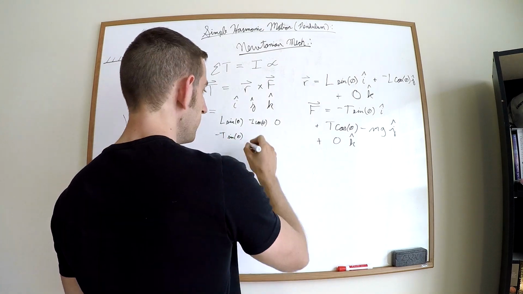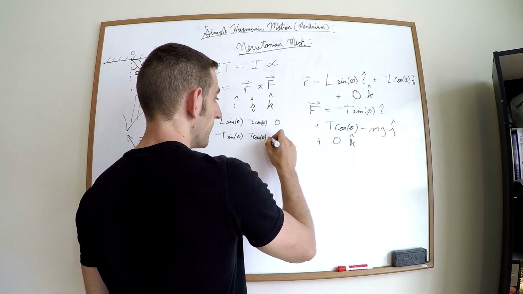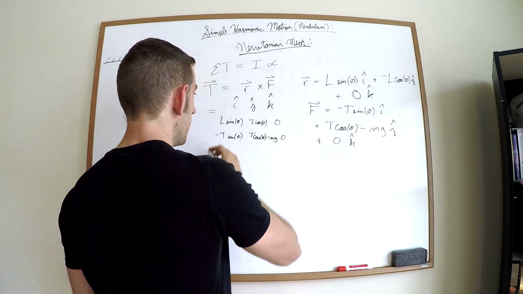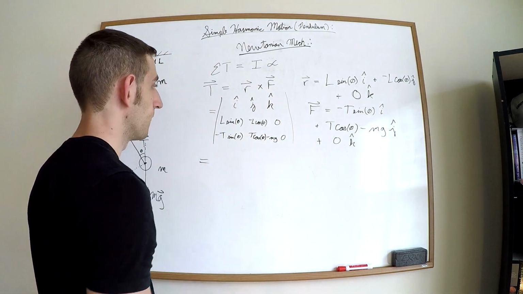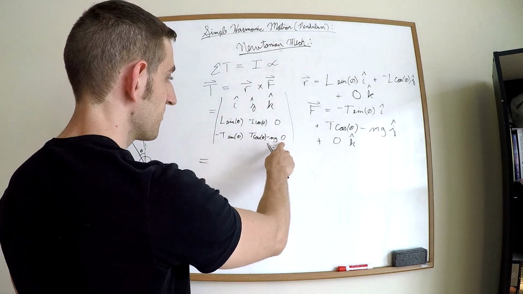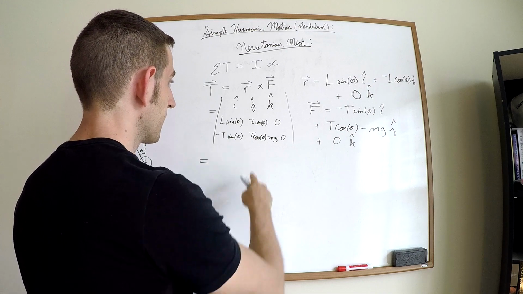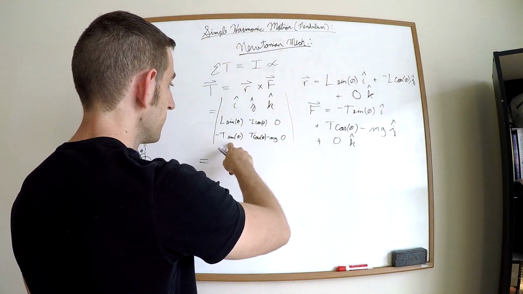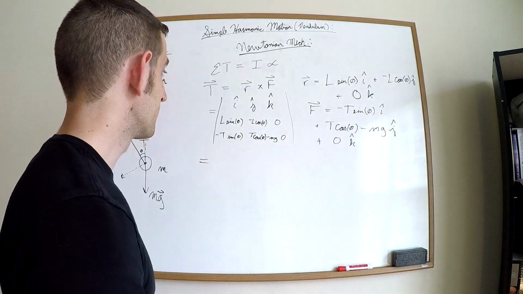For the y component, we have T cosine theta minus mg, and then 0. And we're taking the cross product here. So, consider i. That times that is 0, minus 0 times that is 0. We consider j. 0 times that is 0. That times 0 is 0. Now, we consider k.